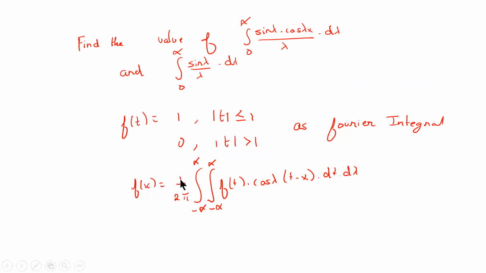The first integral is over dt, and f of t is 1 only for minus 1 to plus 1, and beyond that it becomes 0. So this integral will become only minus 1 to plus 1, and f of t value is 1. So just put 1.